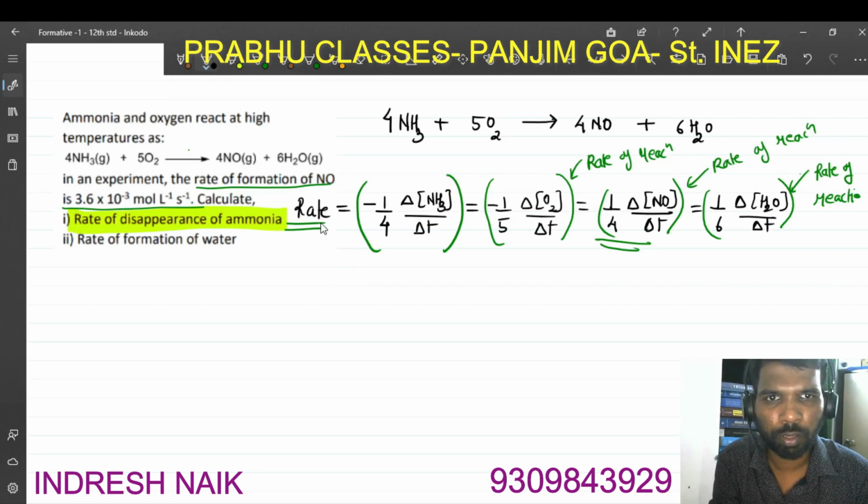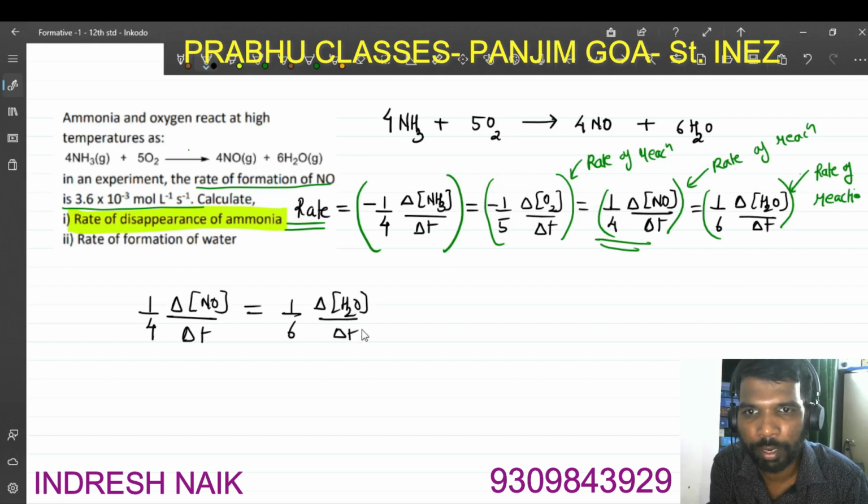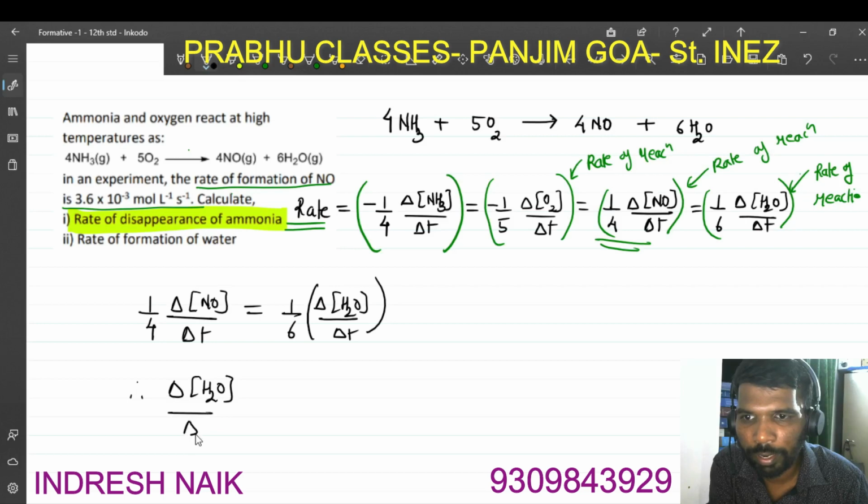So the rate of formation of NO is given. So I'm going to relate this: 1 by 4 delta change in concentration of NO by delta t is equal to 1 by 6 delta H2O by delta t. So what is our rate of formation? This 6 will go over here. Therefore, delta H2O by delta t will be equal to 6 by 4 delta NO by delta t.